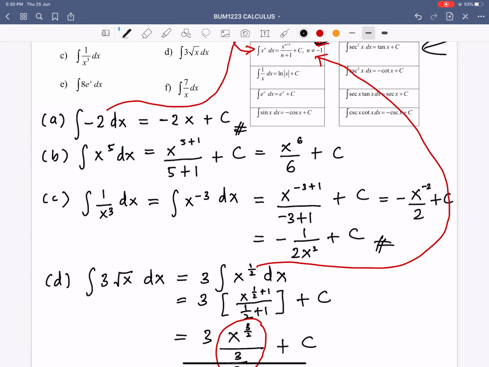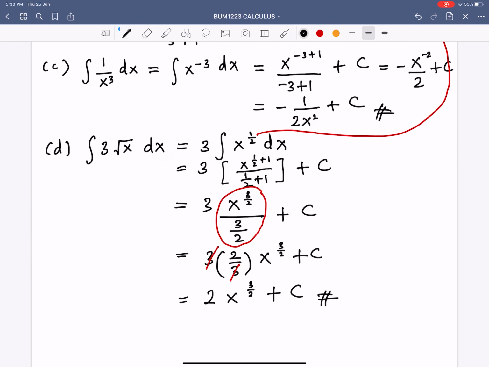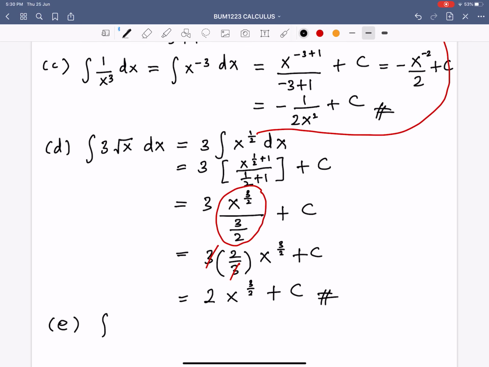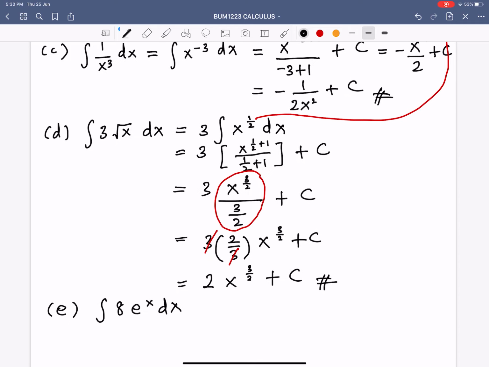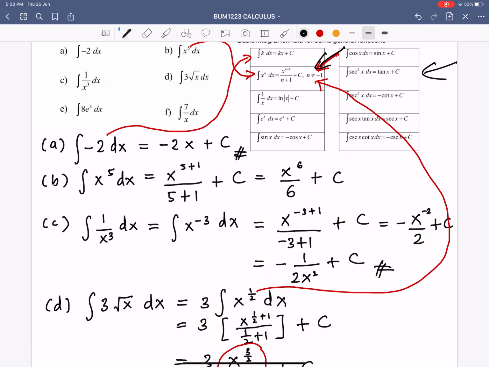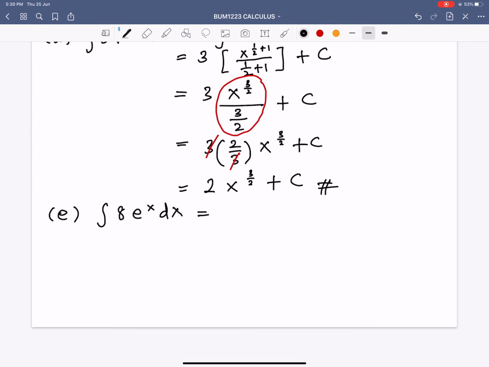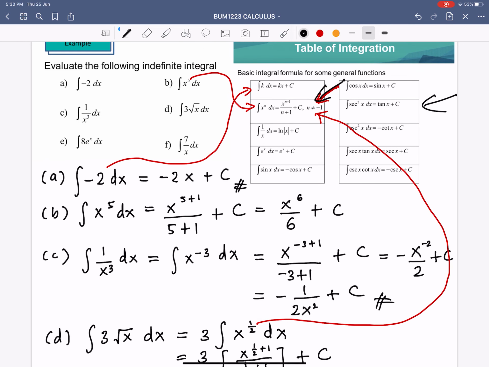Next question, E. We have the integration of 8 e power of x dx. If you see from the table of integration, the formula involving the exponent, the only formula that we have in the list here is this one, so we will use this.